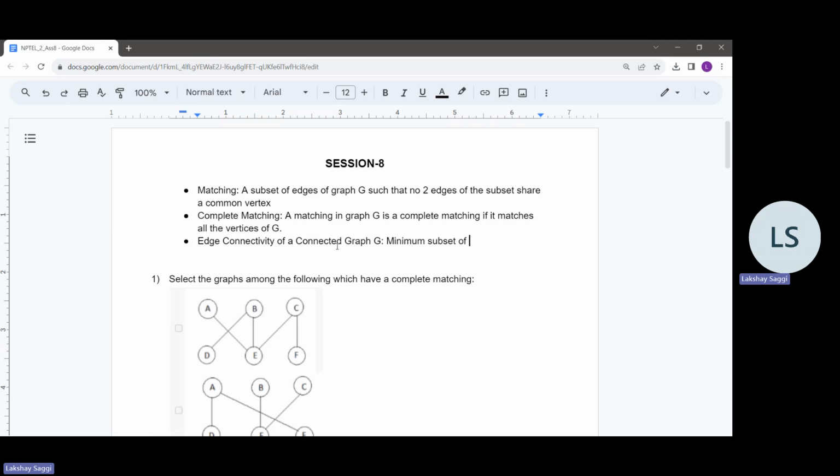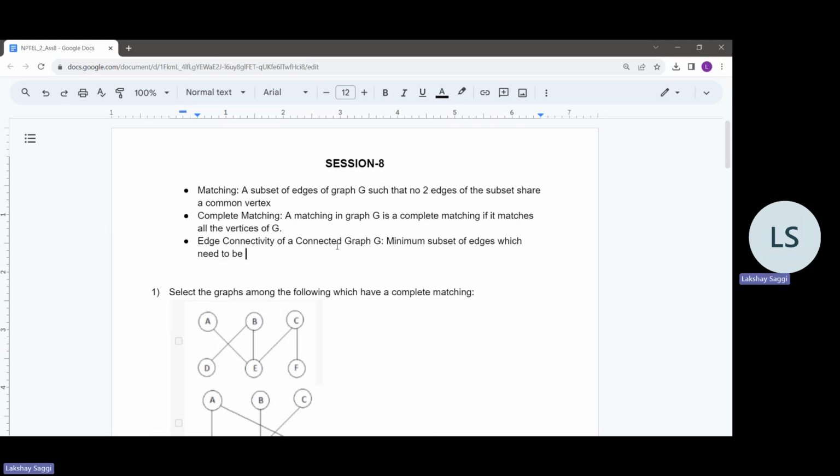The minimum subset of edges which need to be deleted from G so that G becomes disconnected. Essentially, initially we are given a connected graph G. It's trivial that to make it disconnected, we can just remove all the edges of that graph.